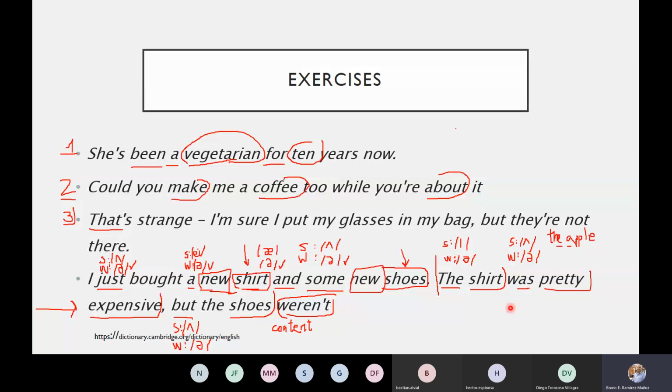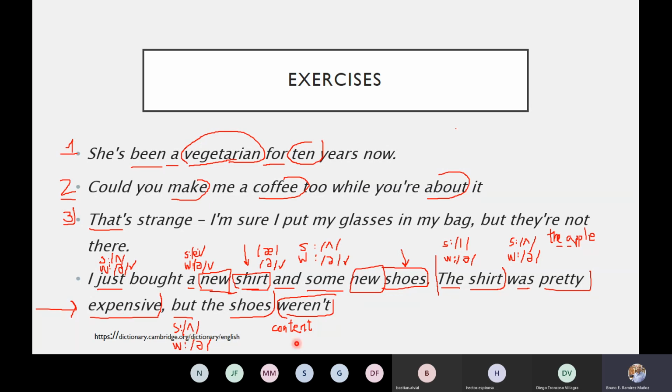As you can see, the first thing to do is identify the content words in the sentence. The content words, the nouns as shirt, the adverbs as pretty, the adjectives as expensive, so nouns, verbs, adjectives, and adverbs are content words.